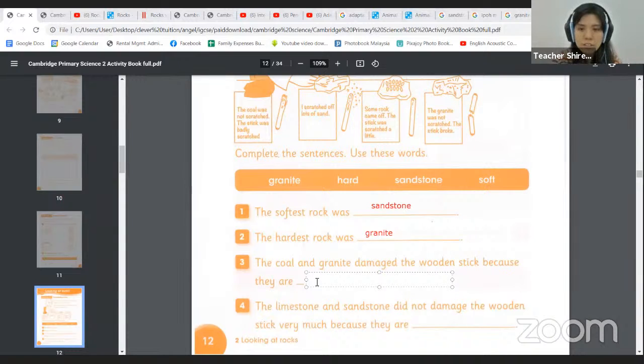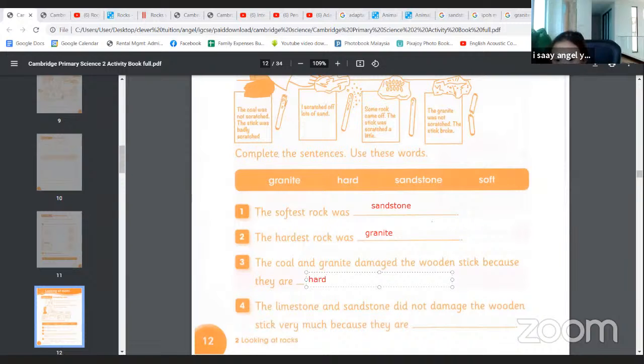Because what? They are hard or soft? Hard. Very good. They are hard. That's why it damaged the wooden stick. Yay, good job. Well done, Angel.